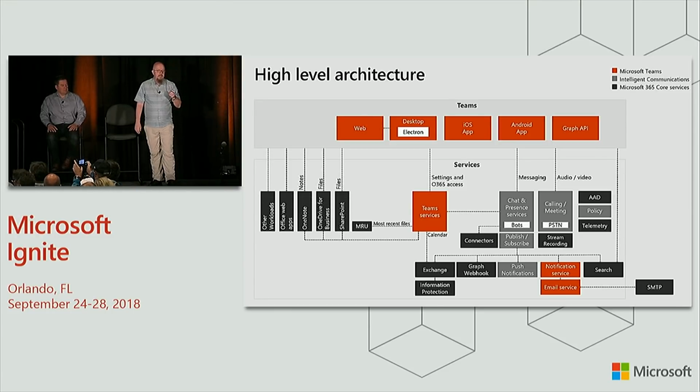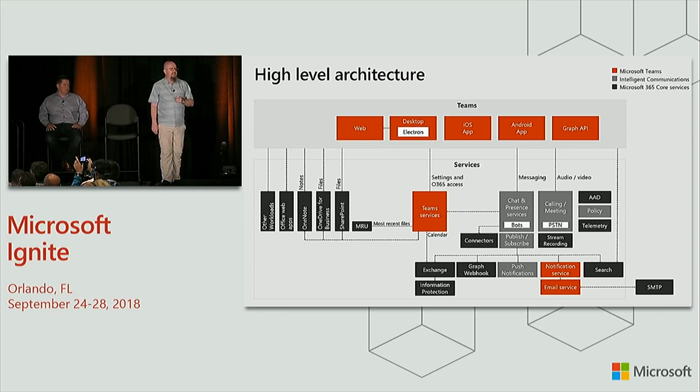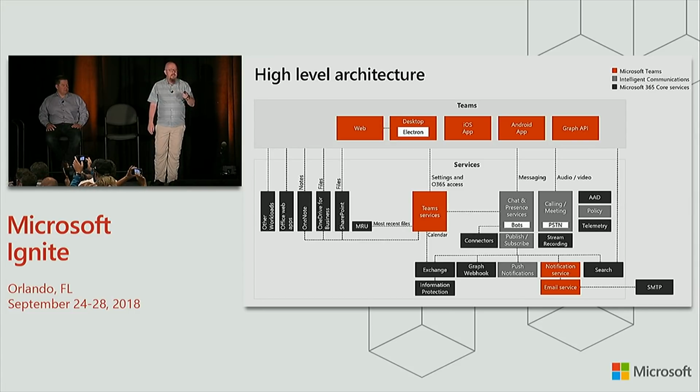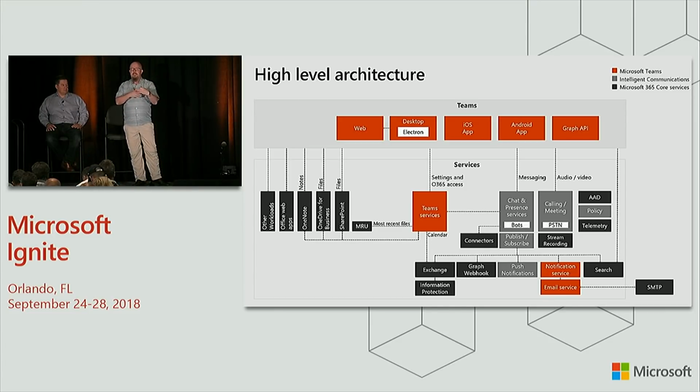Okay, and then finally, we talked about those Microsoft 365 services. So this is where you'll see OneDrive, OneDrive for Business, SharePoint, and so on. And then, one of the other ones on here, the Office web apps. So you can have a Word document, for example, that you've posted into a channel. So, hey, here's the latest version of this specification or this thing that you're working on.